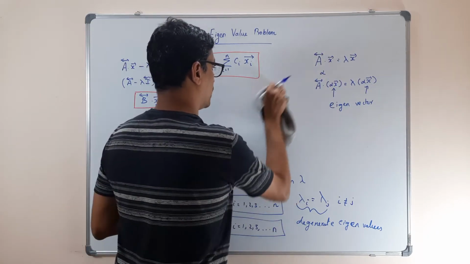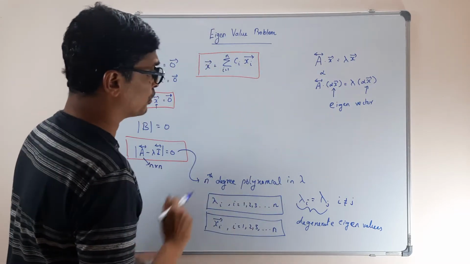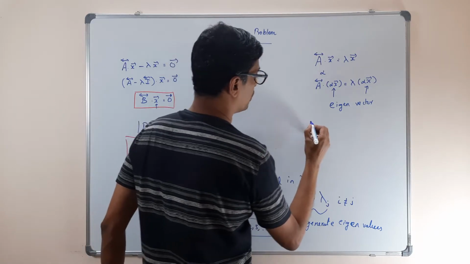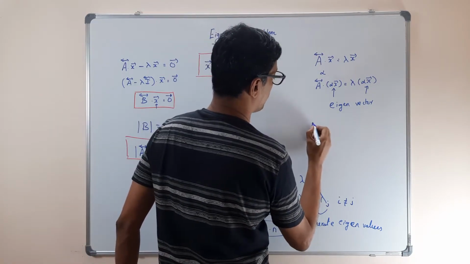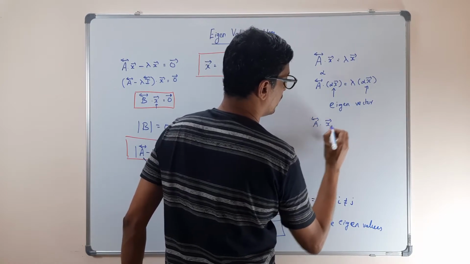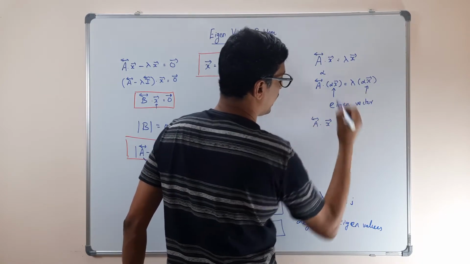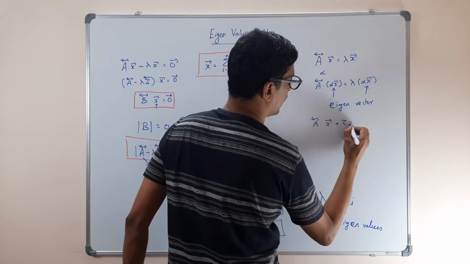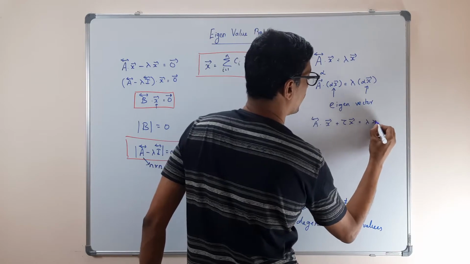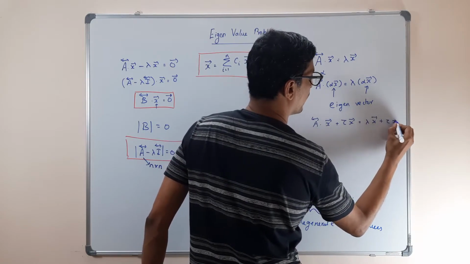Now let me add one more thing. To A dot X equals lambda X, I add one more term, tau X, where tau is some constant value. So here also it will be lambda X plus tau X vector.